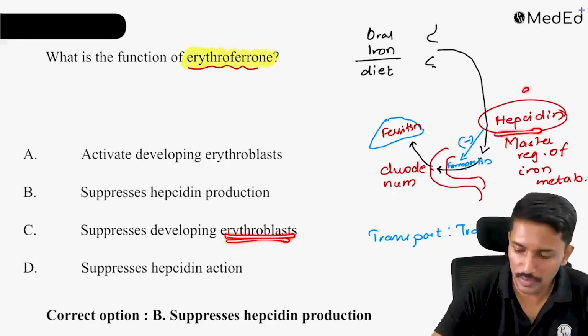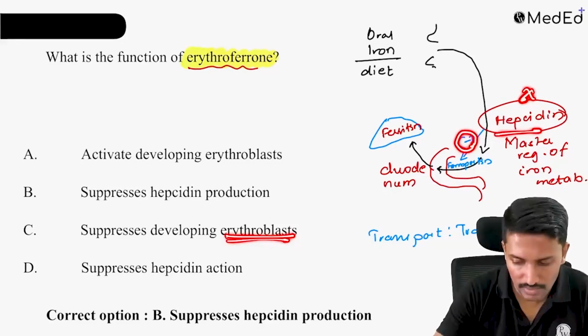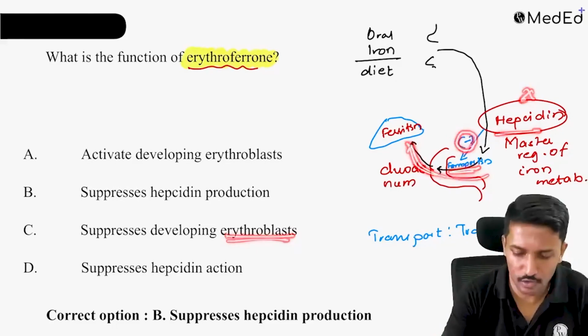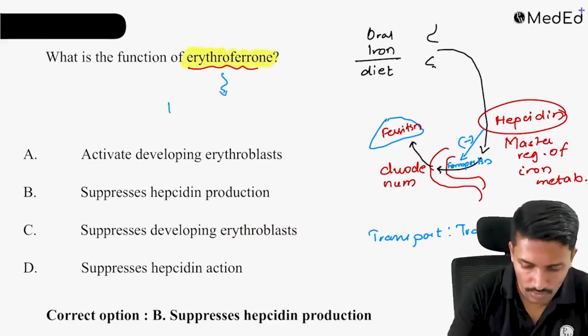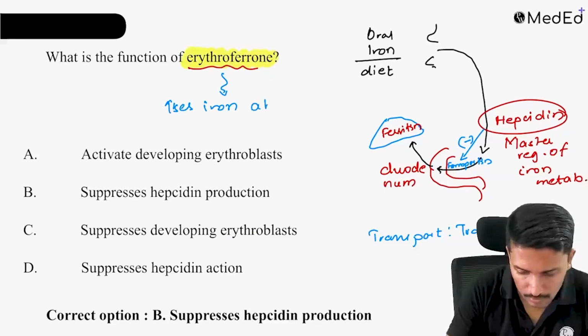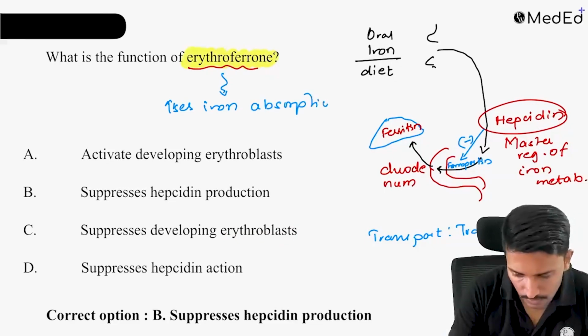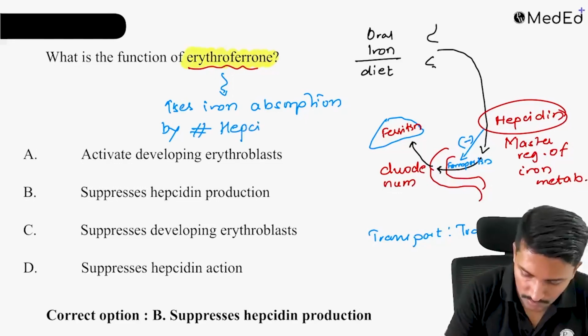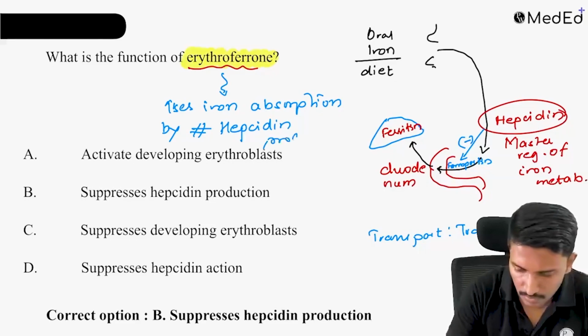Now if I am suppressing hepcidin, then I am removing the suppression from ferroportin, and I can increase the iron absorption. So erythroferrone increases iron absorption by inhibiting hepcidin production, right?